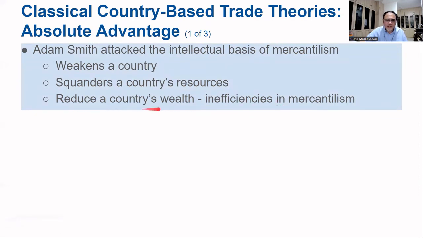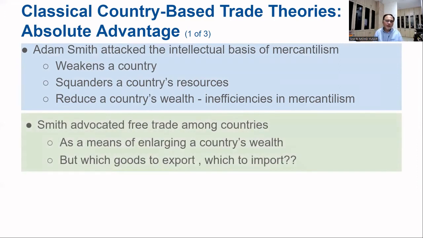So it reduces a country's wealth, and there are inefficiencies in this kind of trade system. It robs individuals of the ability to trade freely and to benefit from voluntary exchanges. So he advocated free trade among countries as a means of enlarging a country's wealth.